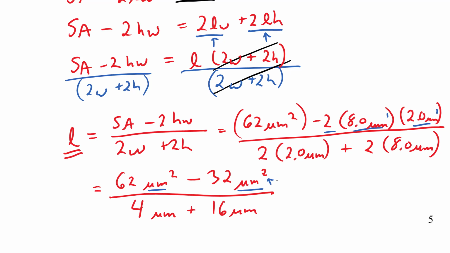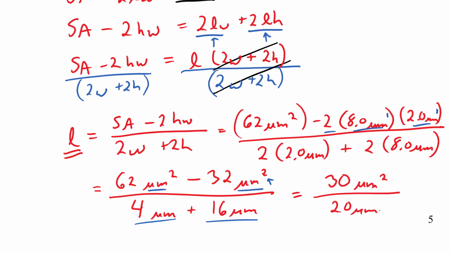Micrometers squared and micrometers are not like terms, but micrometers squared and micrometers squared are. We combine those together. 62 minus 32 is 30 micrometers squared. On the bottom here, we have like terms, micrometers and micrometers. 4 plus 16 is 20 micrometers.